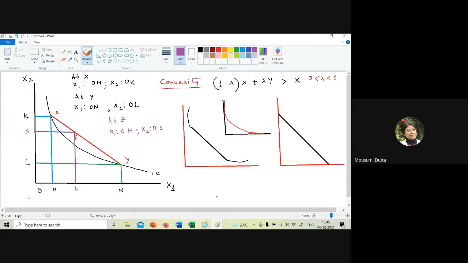Okay. This combination is lying on a higher indifference curve. How do we understand that? It's very difficult to draw a line on the board.